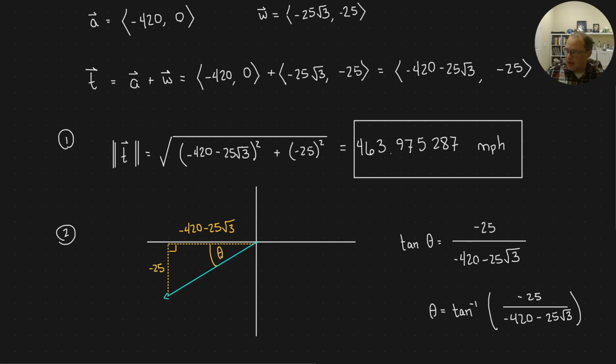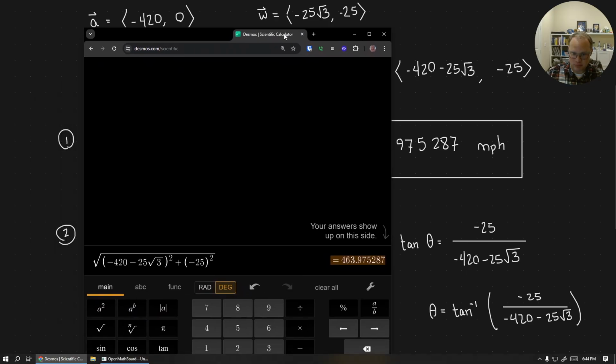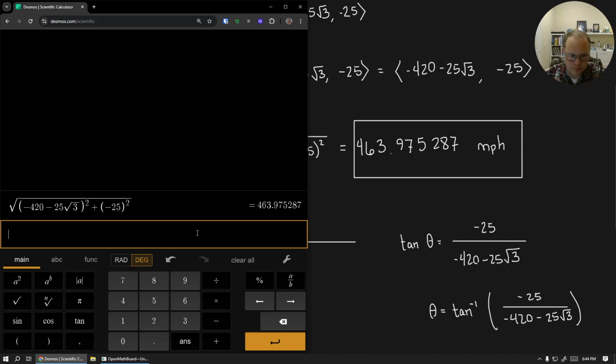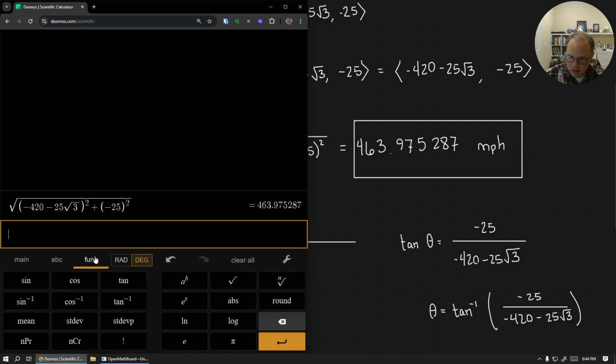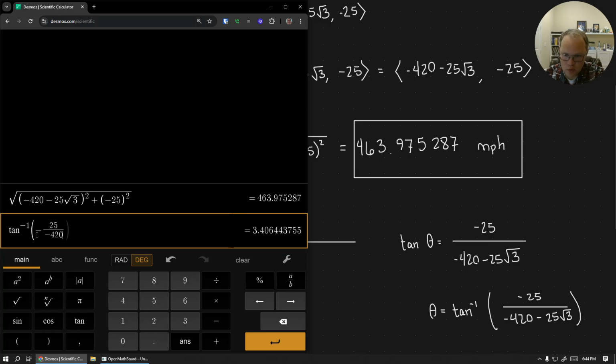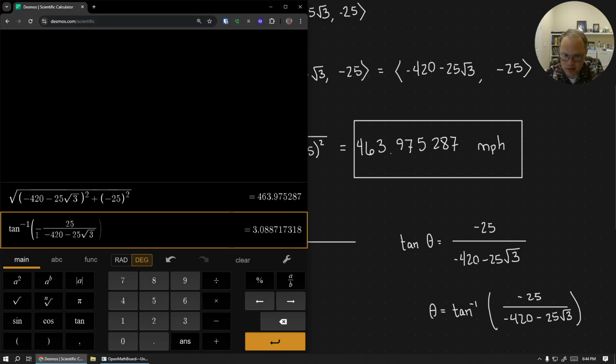Let's plug it into our calculator. I want arctangent of negative 25 over negative 420 minus 25 square root of 3.